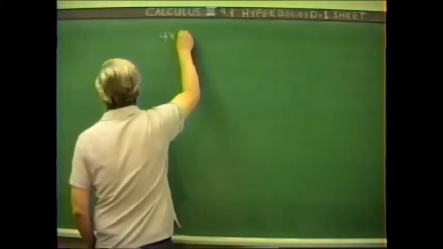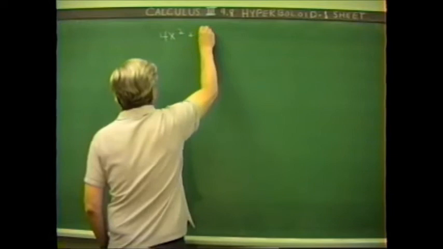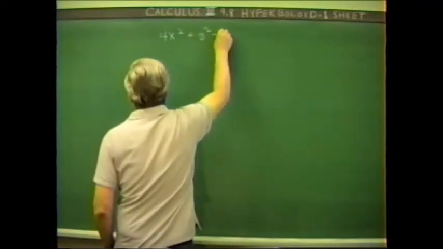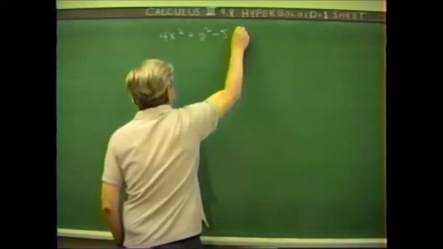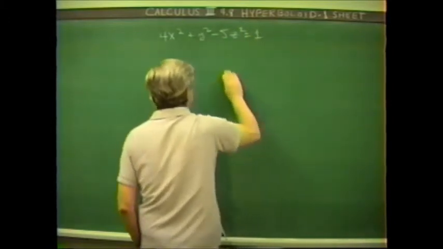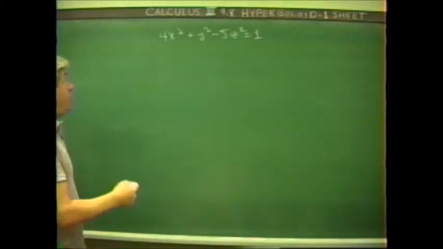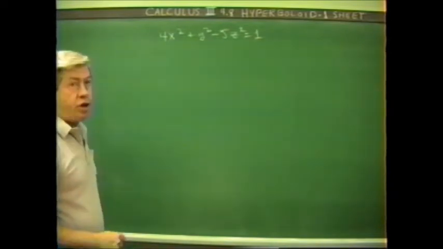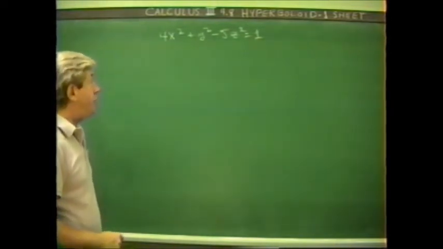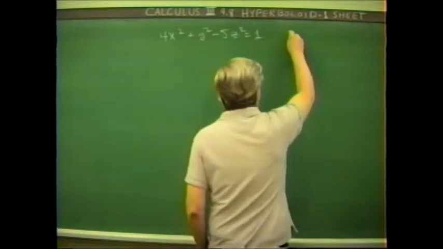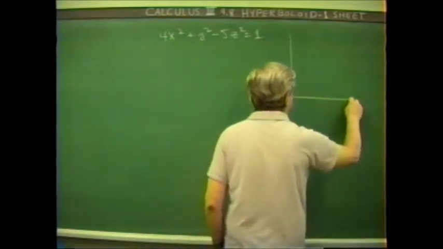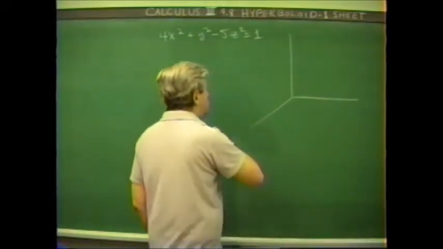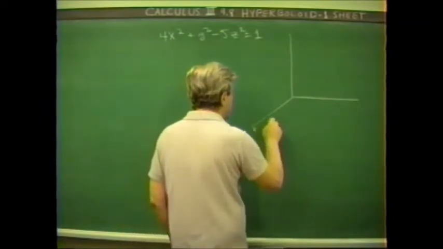Let's suppose we look at 4x squared plus y squared minus 5z squared equals 1. With all of these surfaces, by drawing the traces, you can determine which type of thing you're dealing with. So in particular here, let's take a look at the graph of this.